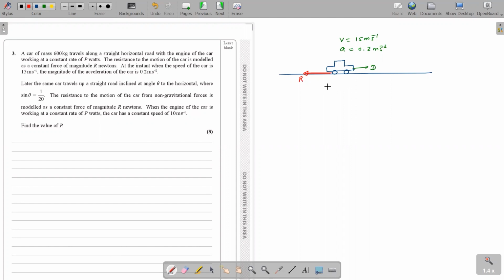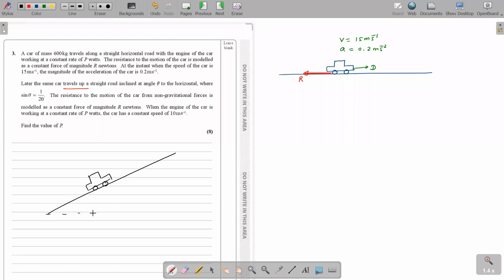Later, the same car travels up a straight road inclined at an angle theta to the horizontal. It's really important that it travels up. So I'll draw another diagram of the same car traveling up the straight road.